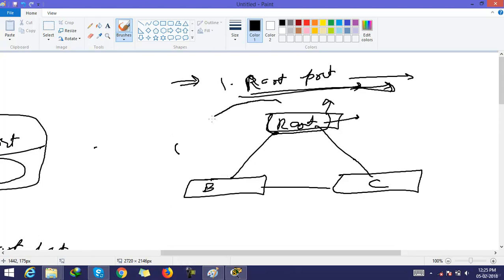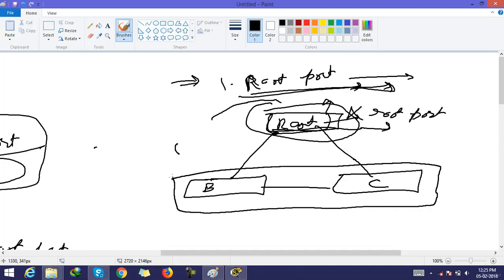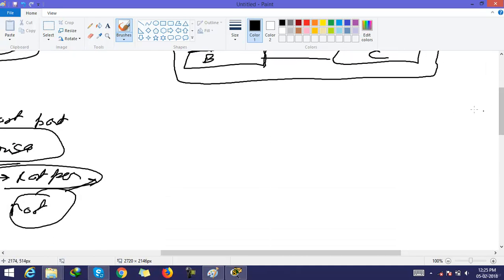It means in this case, this switch does not have any root port because this is the root bridge, but all other bridges compulsorily have one root port. For selecting the root port, there is an election on every non-root bridge. The first criterion for selecting the root port is the least port priority.